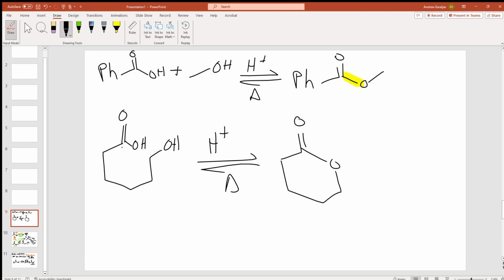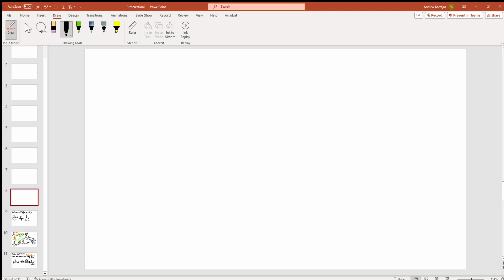One final thing that we'll mention here about the Fischer esterification, one kind of neat application, is the following.